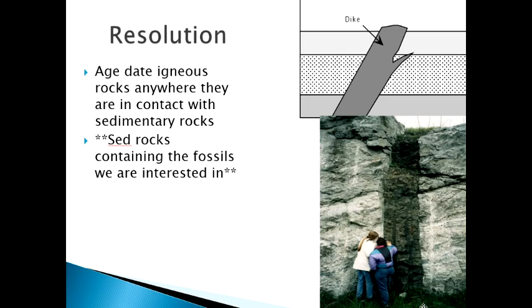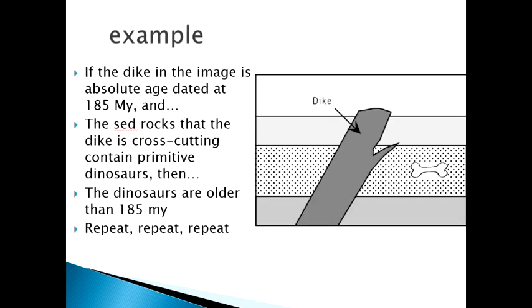This is a beautiful example of the cross-cutting relationship that Lyell told us about, that this rock here must be younger than the rocks it cuts through. So, if we can get a date for the rock that is cutting through, the igneous rock, and let's say for this example here, we know that it is 185 million years, we then know that everything that it cuts through has to be older than 185 million years.